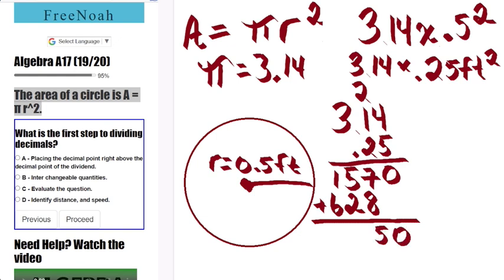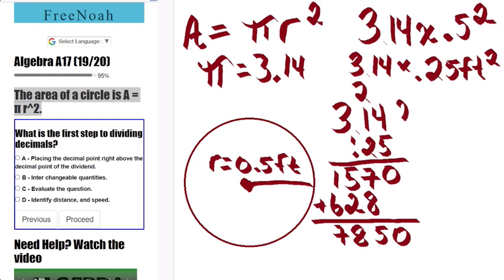Okay. 7 plus 8 is 15. Place down the 5, carry over the 1. 1 plus 5 is 6. 6 plus 2 gives us 8. And 1 plus 6 gives us 7.